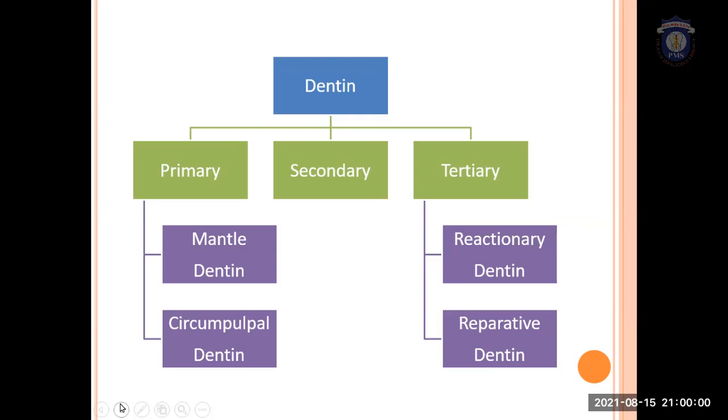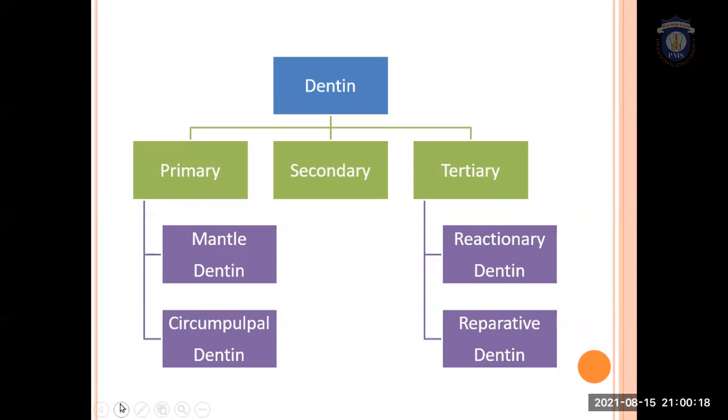All the dentine which is formed from the bud stage till tooth eruption and root completion is known as the primary dentine, whereas the dentine formed after root completion is known as the secondary dentine.